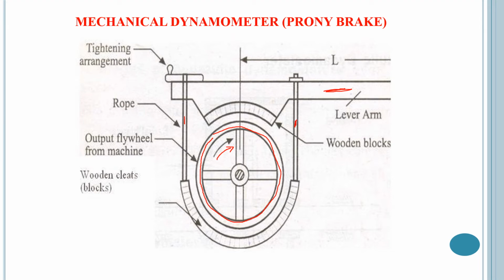The center distance between the flywheel and the lever arm is denoted by L. And also we have two wooden blocks. This is the first wooden block and this one is the second wooden block. When you rotate the tightening arrangement, the rope tightens, which will make the wooden blocks come closer to each other, which will stop the rotation of the flywheel.